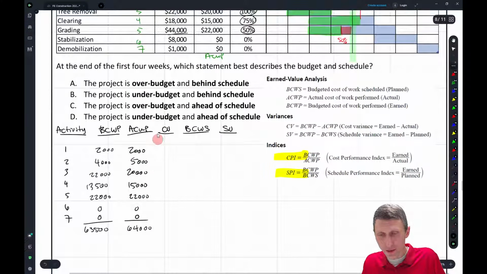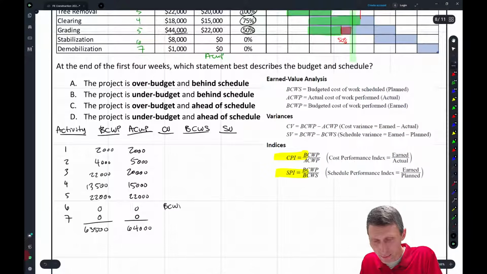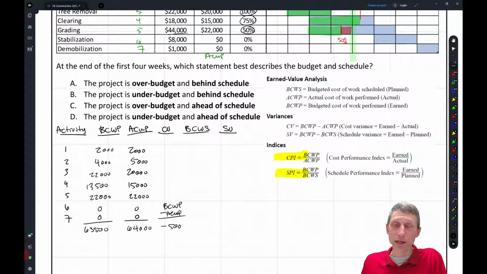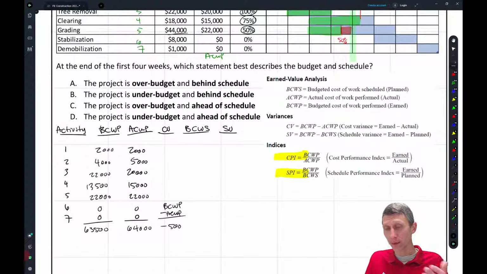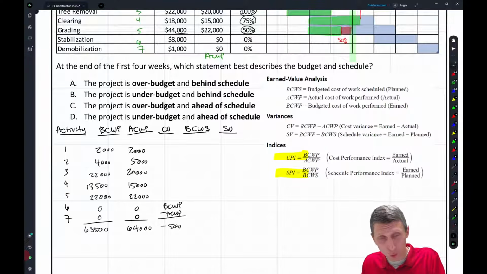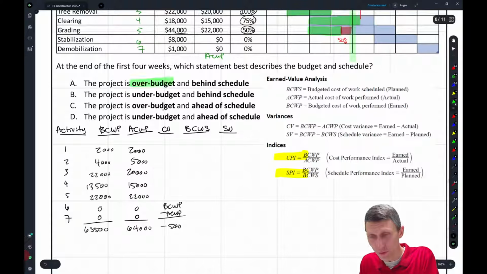Our cost variance here is going to be the BCWP minus the ACWP, and what we're going to get here is minus 500. So what's the variance? We're $500 over budget. The actual cost of the work was $500 more than what we budgeted. Does that make sense? So that means we're going to be over budget for this one.